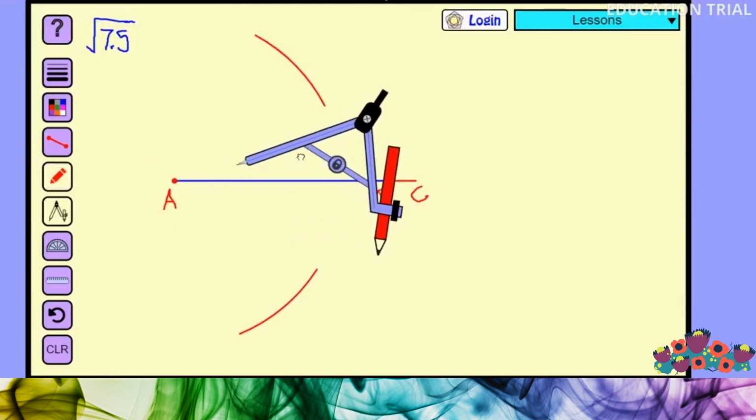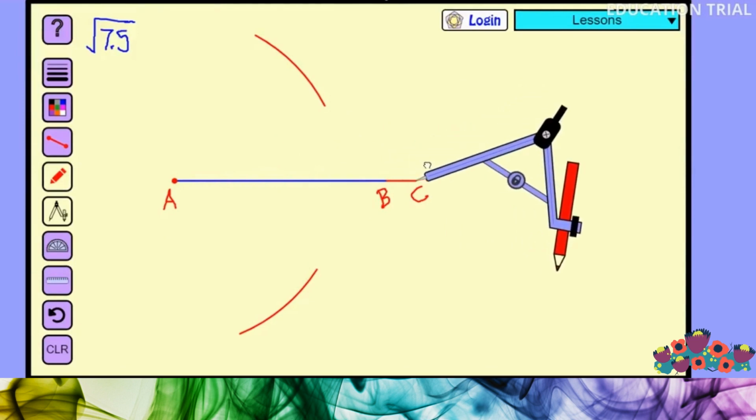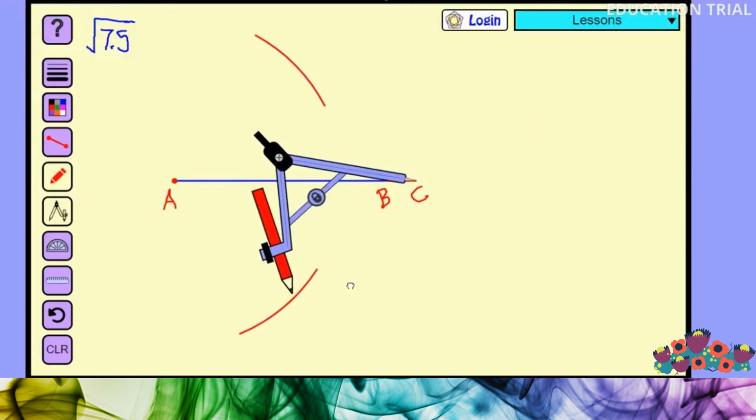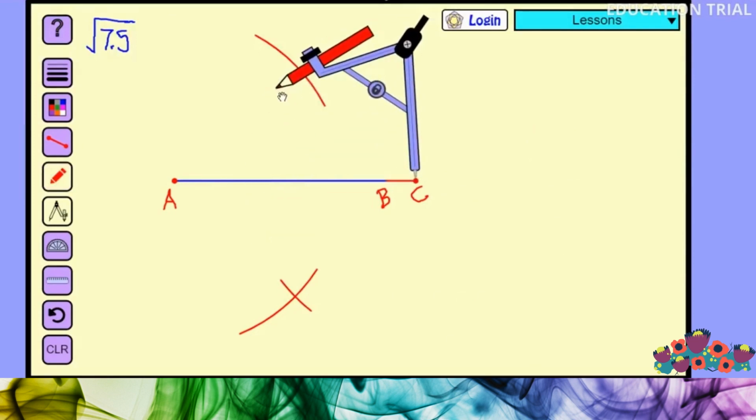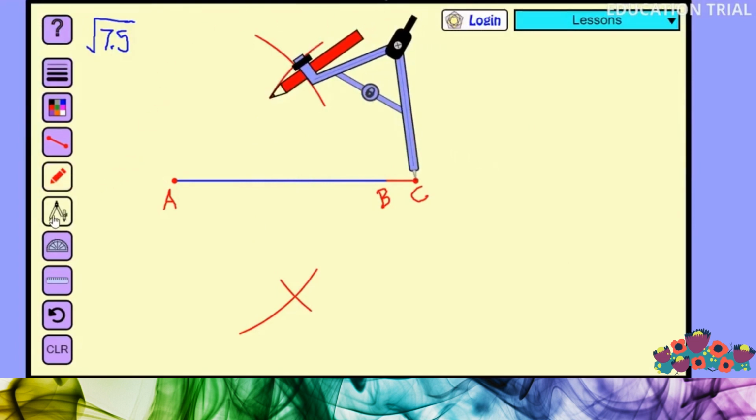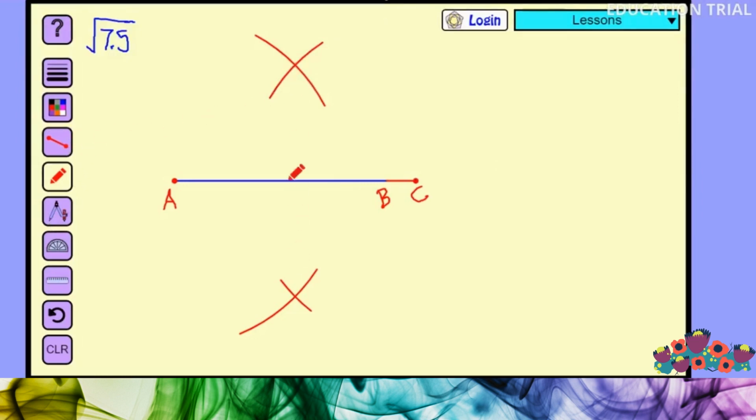Next, the same arc I am drawing from the opposite end C. I want to draw an arc which cuts the previous arc. Same way, above I am drawing another arc to cut the previous one. Next, I am drawing a straight line so that I can find the midpoint of the line segment AC.